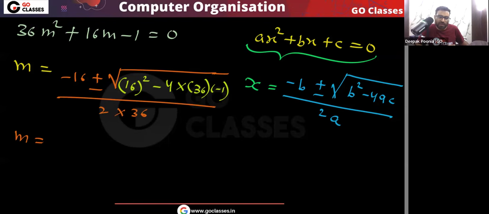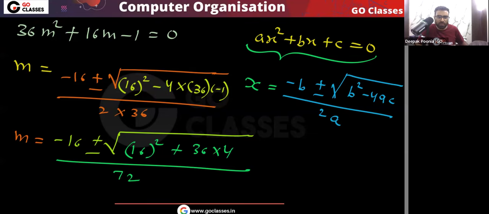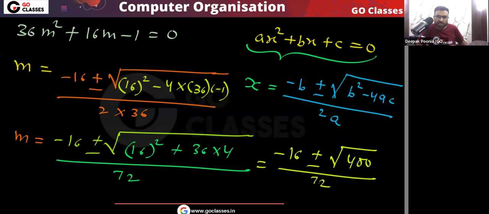So the value of M will be equal to minus 16 plus minus square root of 16 square plus, because this minus and this minus will become plus, 36 into 4, divided by 72. So this will become minus 16 plus minus square root of 400 divided by 72.